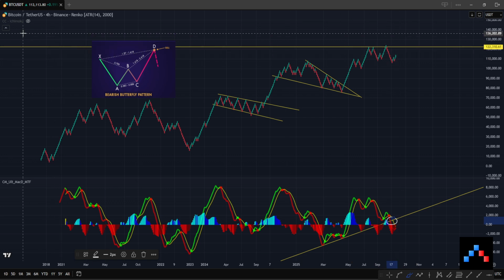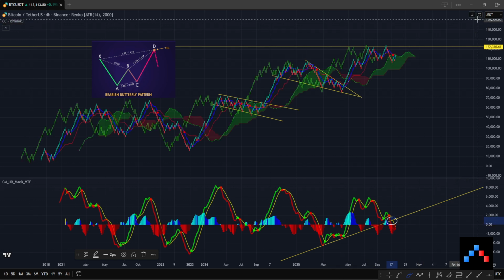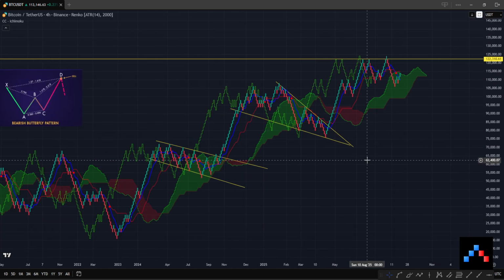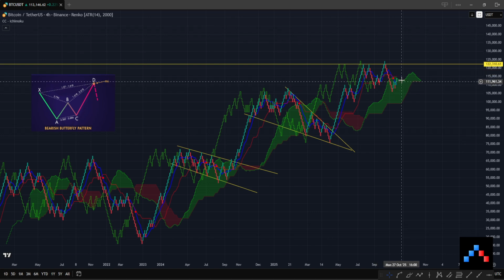For that, we're going to use a trend confirmation indicator, and that is the Ichimoku Cloud. Let's have a look. What is the story on Ichimoku here? First thing that comes to mind is that the price action is breaching the cloud. You can see that it's in a cloud formation right now.